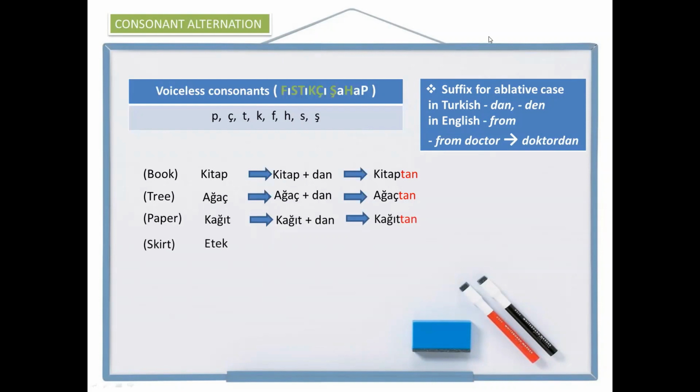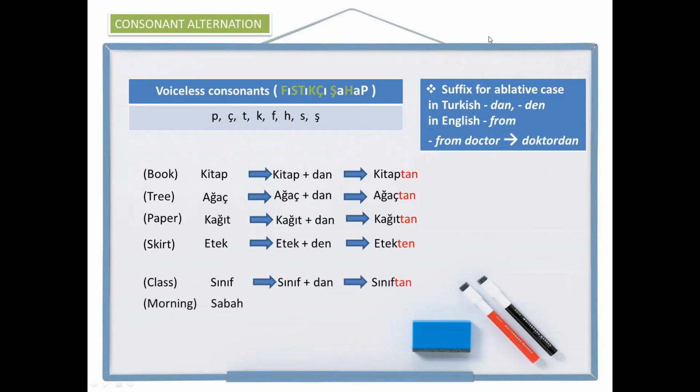Etek means skirt. I want to say from skirt, etekden. But K is a voiceless consonant, so it's going to be etekten. Class, sınıf. I want to say from class, sınıfdan. But F is a voiceless consonant, so it's going to be sınıftan.